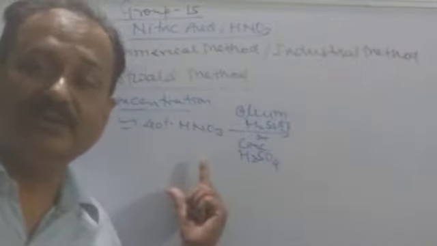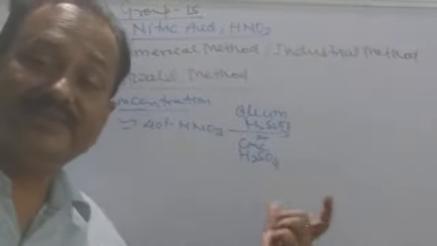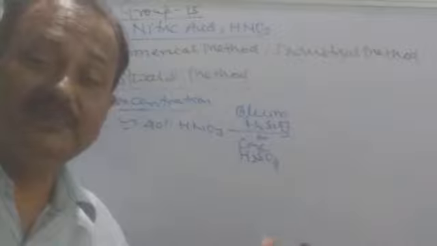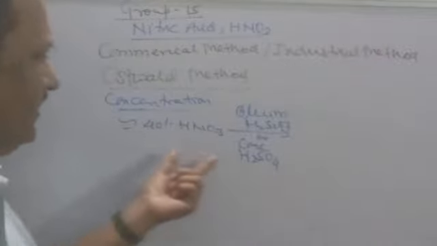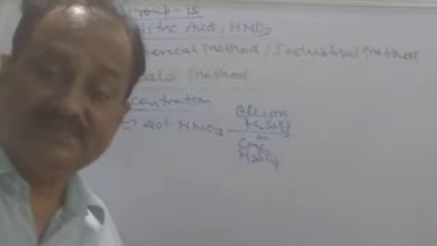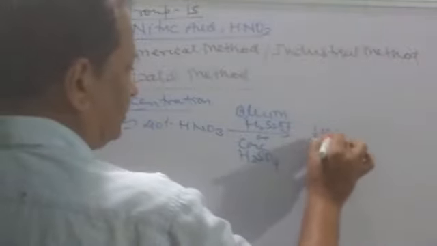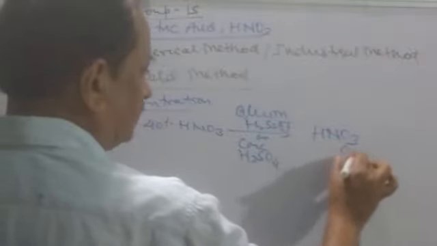As the nitric acid contains a lot of water, when it is heated with concentrated sulfuric acid at high temperature in a special type of vessel, the moisture is removed, and as a result there is formation of concentrated HNO3.